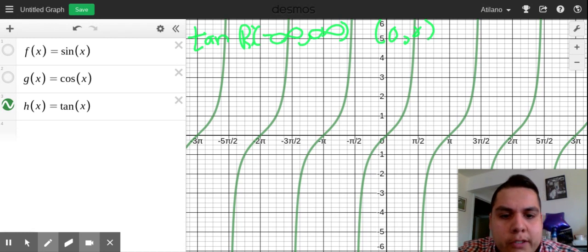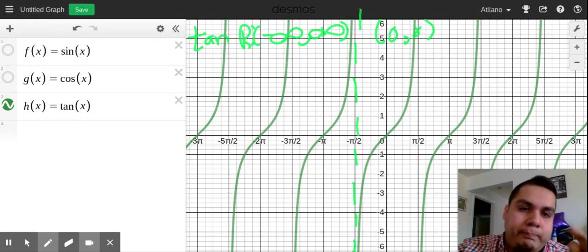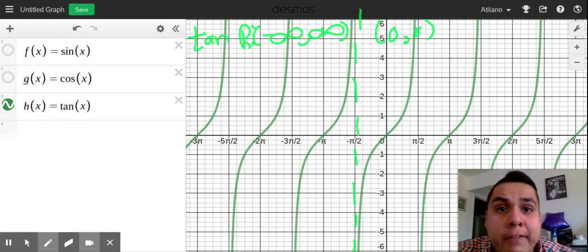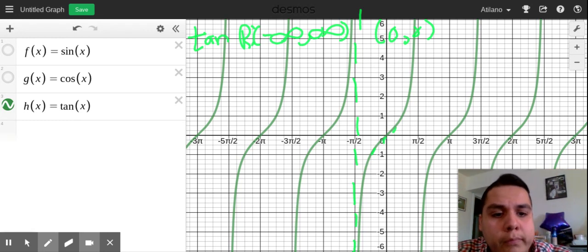So I notice that right here, I have an asymptote. So I start all the way at -infinity, increase, cross through the y-intercept, keep going, and zoom off to +infinity.